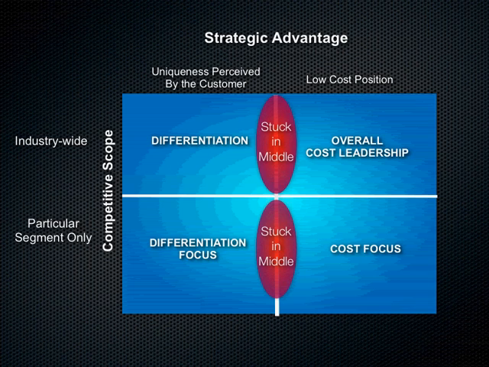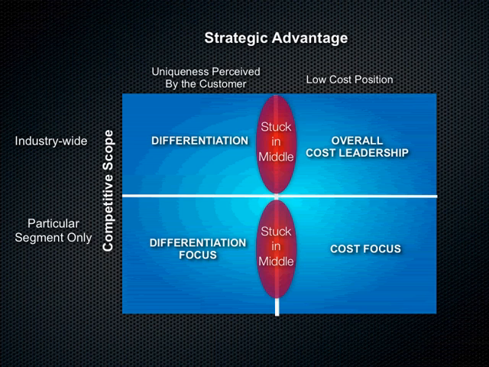One of the things that happens to some companies if they don't manage their strategies properly is they get themselves in a position where they're neither different nor cheap. In other words, they're not perceived by their customers as being that different from others in the marketplace, and their relative cost compared to others in the marketplace is not that low.